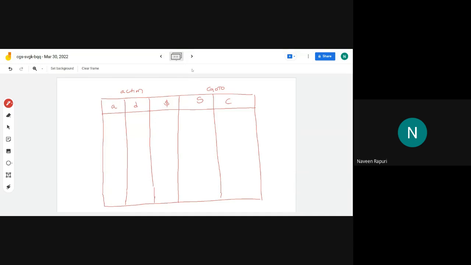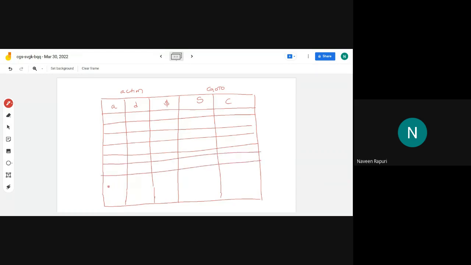So I0 to I9, totally 10 states. I0, I1, I2, I3, I4, I5, I6, I7, I8, I9.